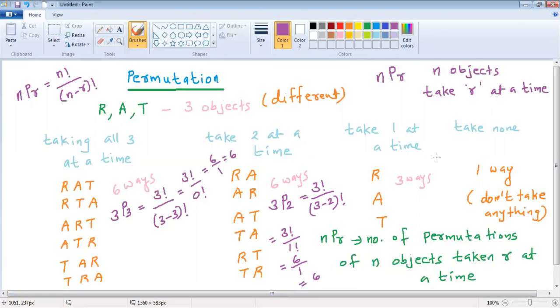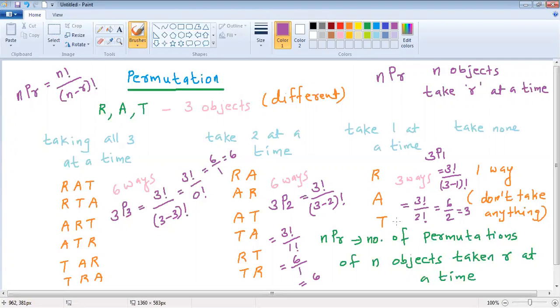Look at the third situation. It is 3P1, number of permutations of 3 objects taken 1 at a time. So as per formula, this is 3 factorial divided by 3 minus 1 factorial, which is 3 factorial divided by 2 factorial. 3 factorial is 6, 2 factorial is 2, 6 upon 2 is equal to 3.